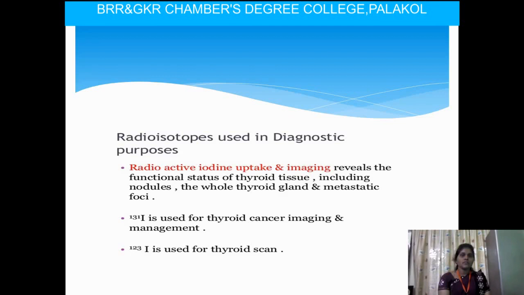Here we can know the functional status of thyroid tissue, including nodules, whole thyroid glands and metastatic foci. Iodine 131 is used for thyroid cancer imaging and management of some diseases, and iodine 123 is used for thyroid scanning.